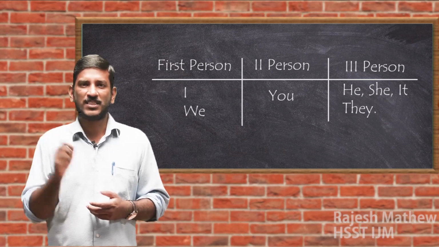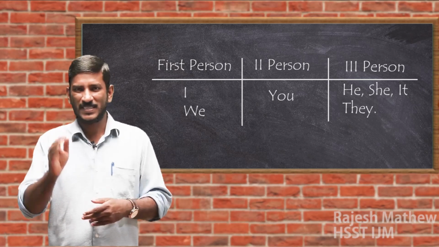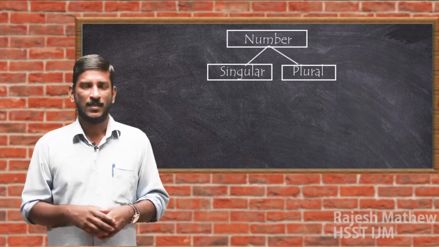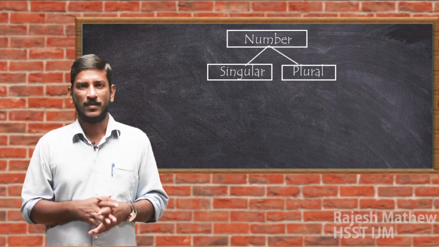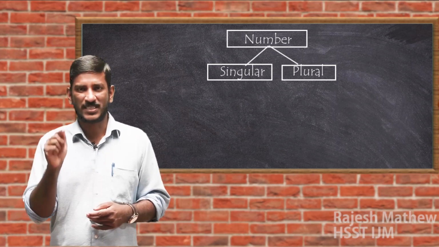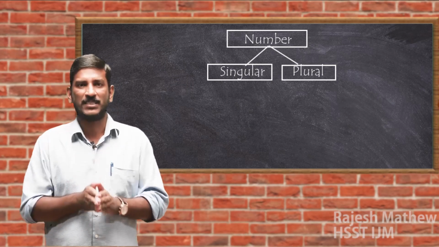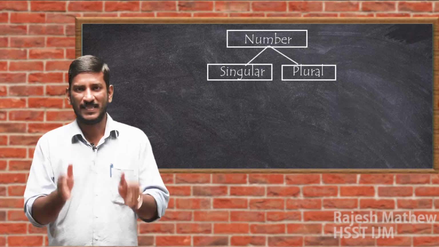It is also restricted by the number. What do you mean by the number? It is nothing but singular or plural, whether the subject is singular or plural. So a finite verb is restricted by the number of the subject. And the last one, it is also restricted by the tense.